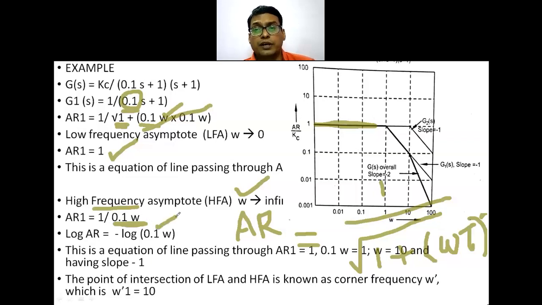This is the equation of a line passing through amplitude ratio equal to 1 and 0.1 omega, with a slope of minus 1. This will be the line with a slope of minus 1, where the corner frequency is 0.1 omega equal to 1.